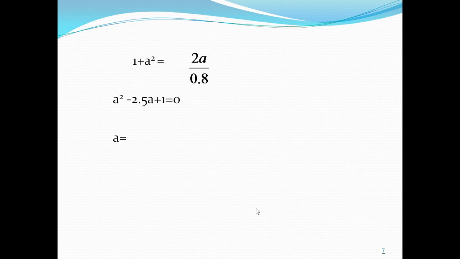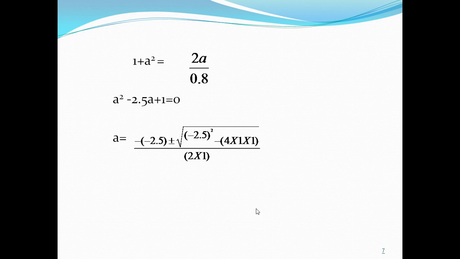If you solve this equation, we can get the value of a. Here we have to use the formula: a is equal to minus b plus or minus square root of b square minus 4ac, divided by 2a.